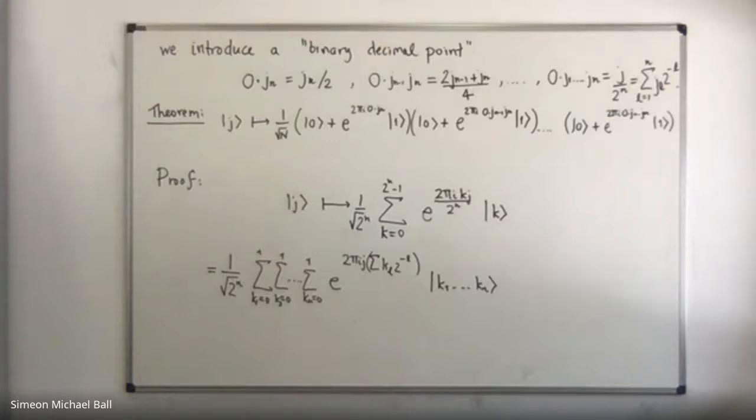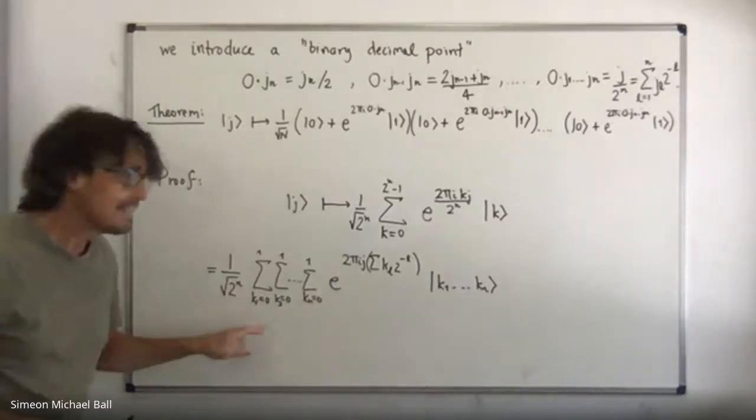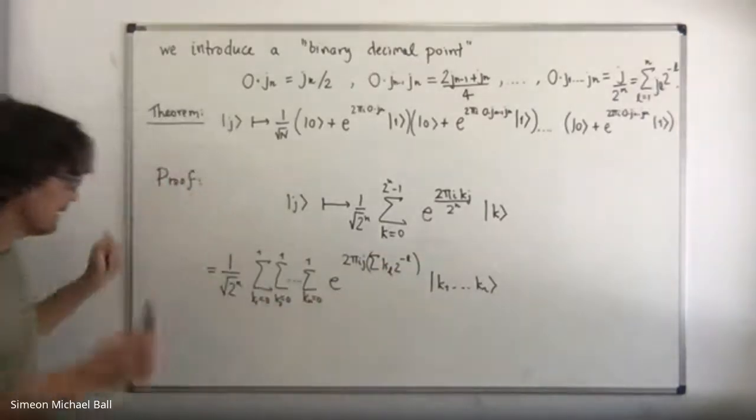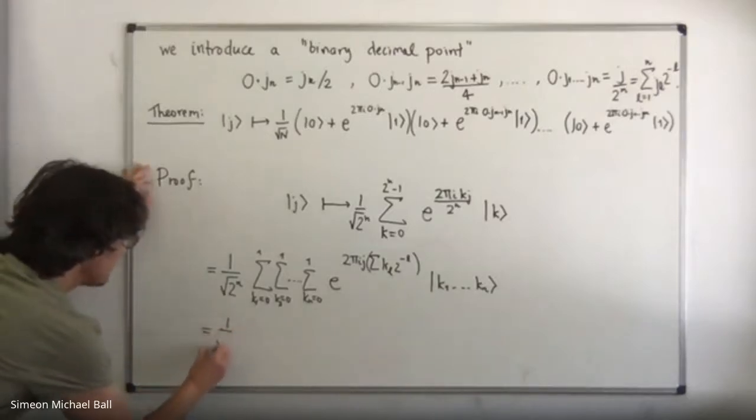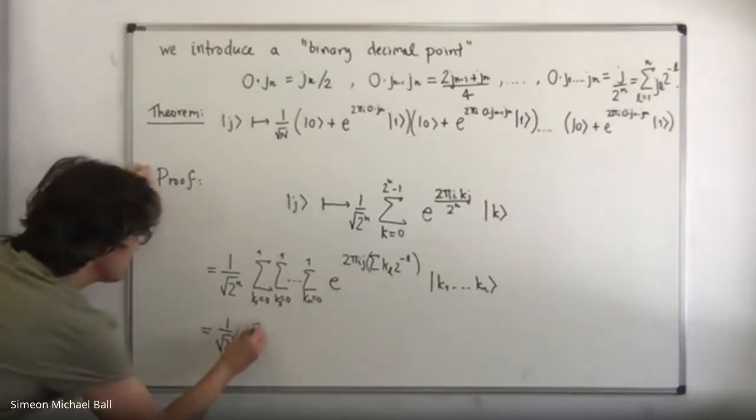But now you see, we can split these into our individual qubits. So thinking of these as particles, we then write this in their individual terms.